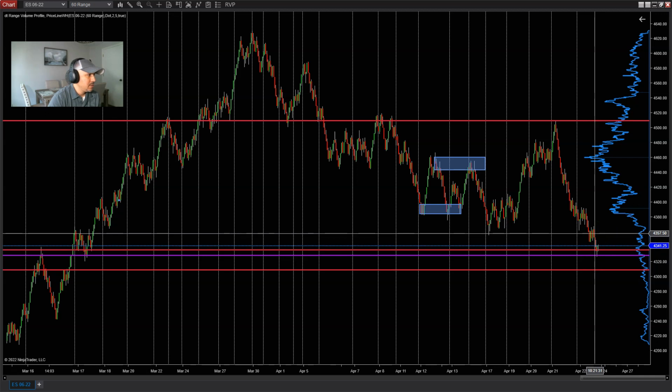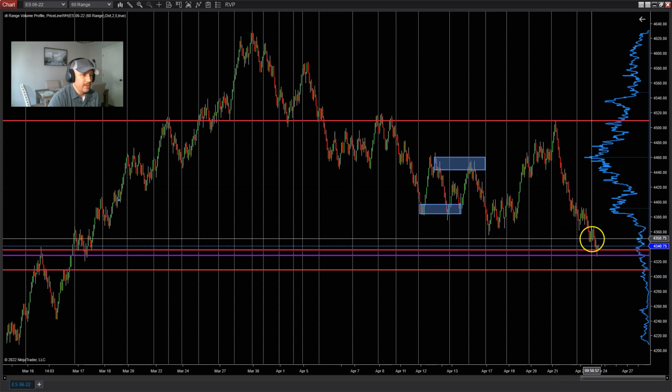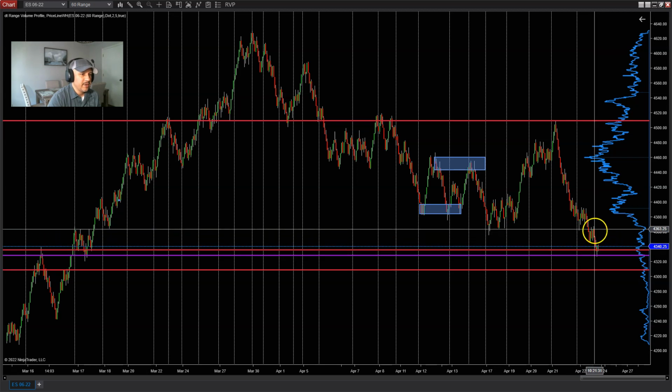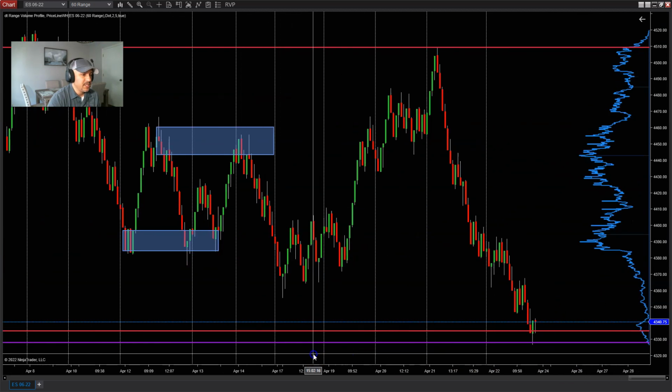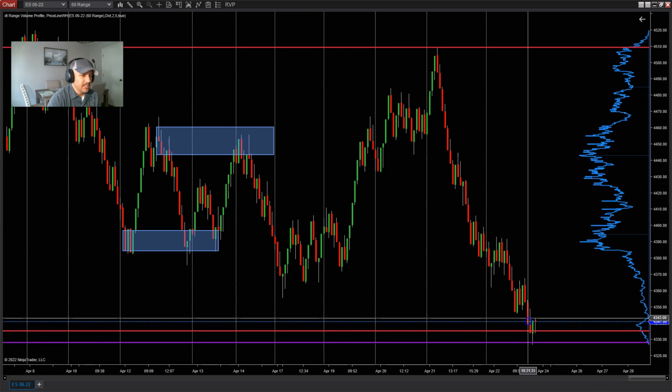This area right here, small area, price pushed down, pulled back. Got a lot of selling that took place in this area right here on the 60 range. Hopefully you guys can see it. I'll blow it up. Price pushed down here, pulled back, selling, selling, selling.